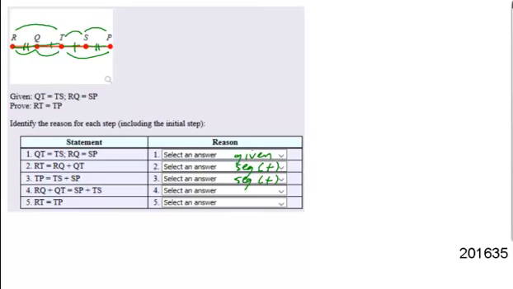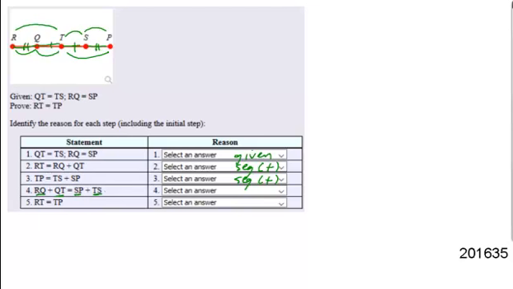Now when I look at the next statement, I have RQ plus QT is equal to SP plus TS. Is that the structure of segment addition? The sum of two things equals the sum of two things? No. The only way that could exist as a statement is if we took two things and added them together, meaning if we took RQ is equal to SP and added QT on one side and TS on the other side, that's one potential.